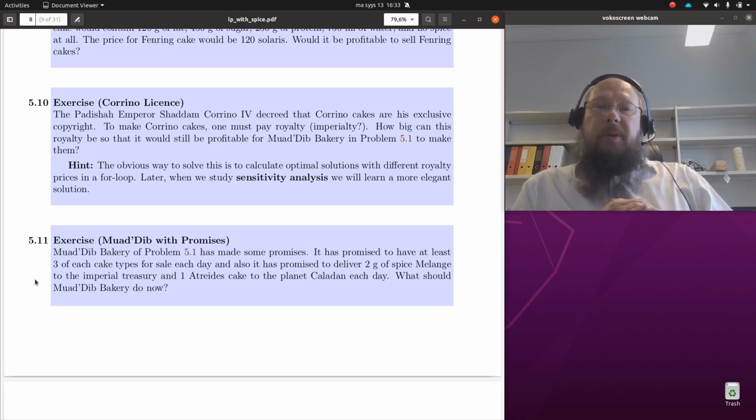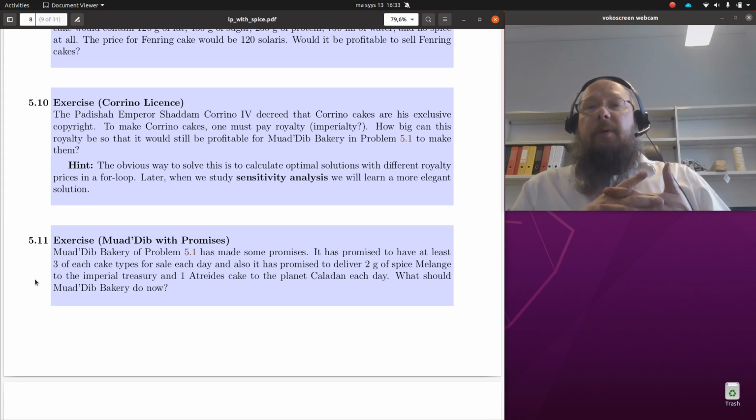It has promised to have at least 3 of each cake type for sale each day. And it also has promised to deliver 2 grams of spice melange to the imperial treasury and 1 Atreides cake to the planet Caladan each day.